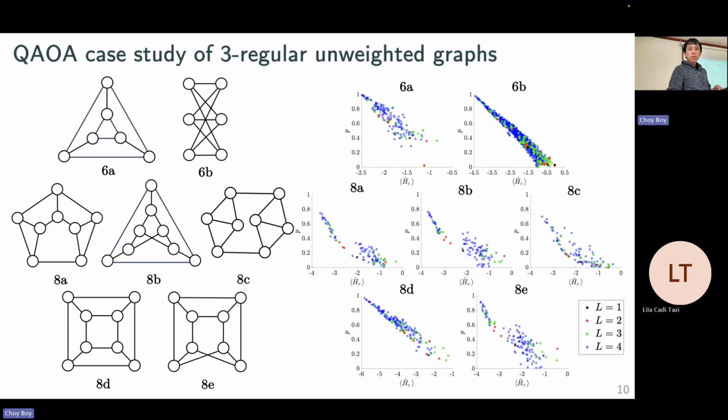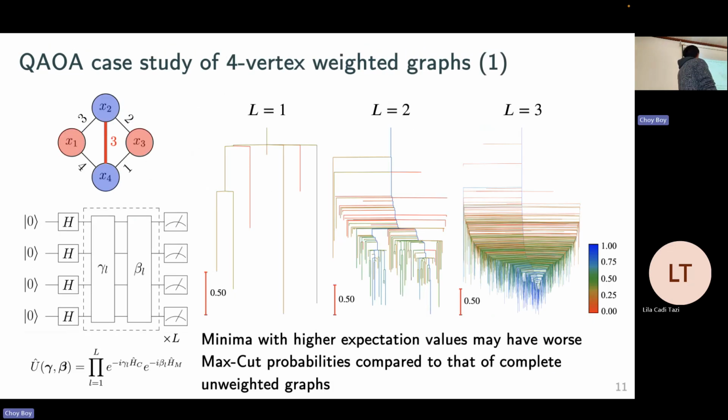Yeah, so we also took a look at this interesting case study where we select this weighted graph with 4 vertices. The difference is that we change the value of this central edge here. If it's 3, for example, we get 0, 1, 0, 1 as a solution.